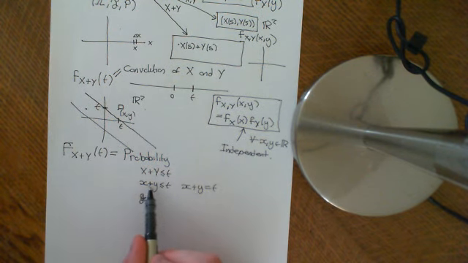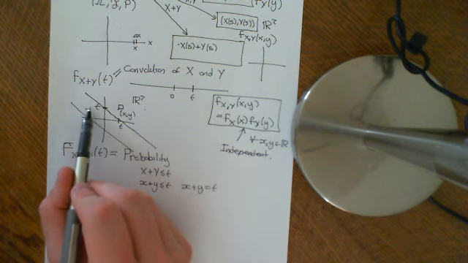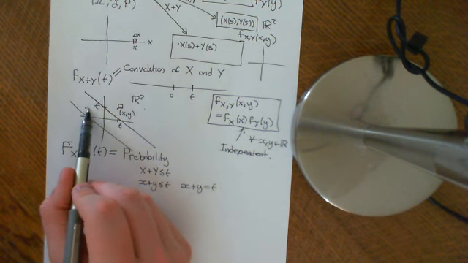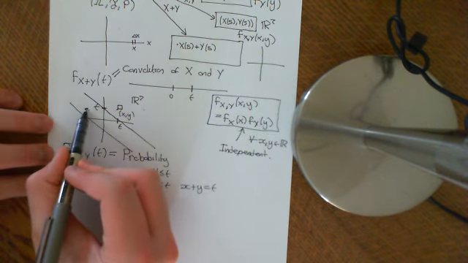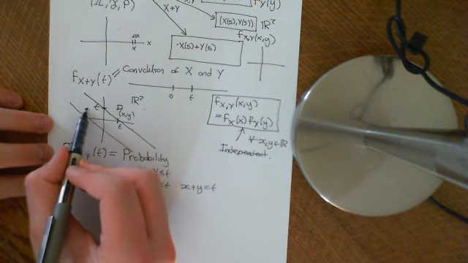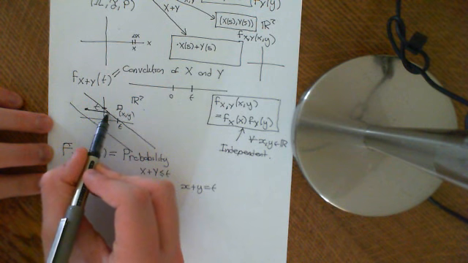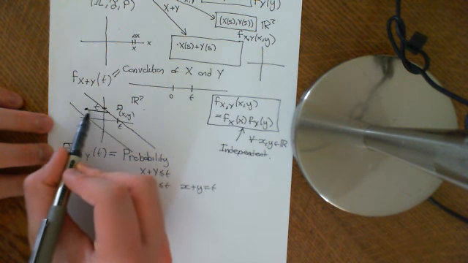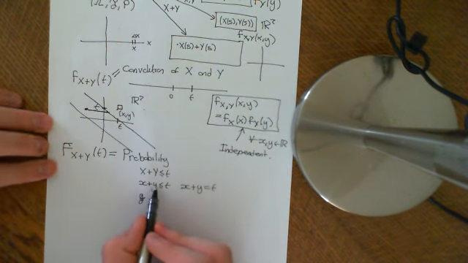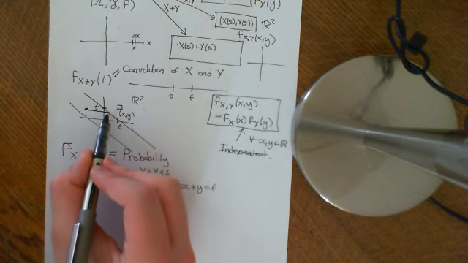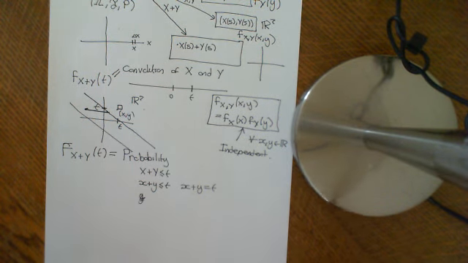So if you take any ordered pair to the left of here, you can go along horizontally to its point down here on the line, and the y value has stayed the same, but the x value has got smaller, so x plus y must now be less than t, since on that line x plus y was equal to t.